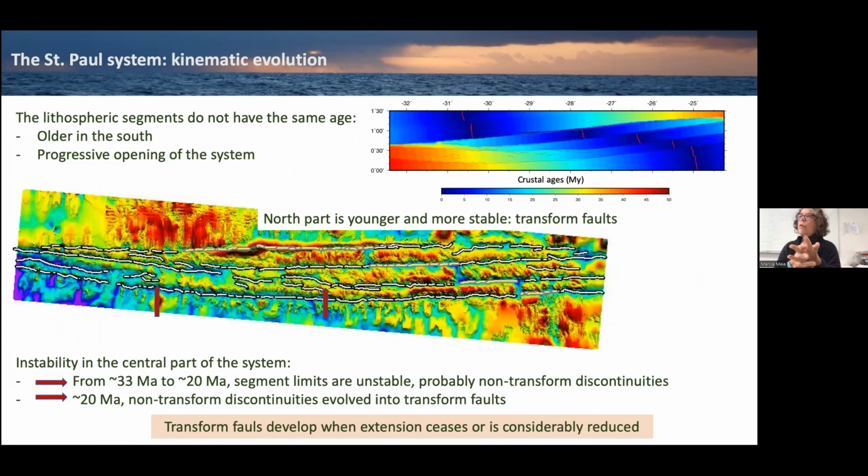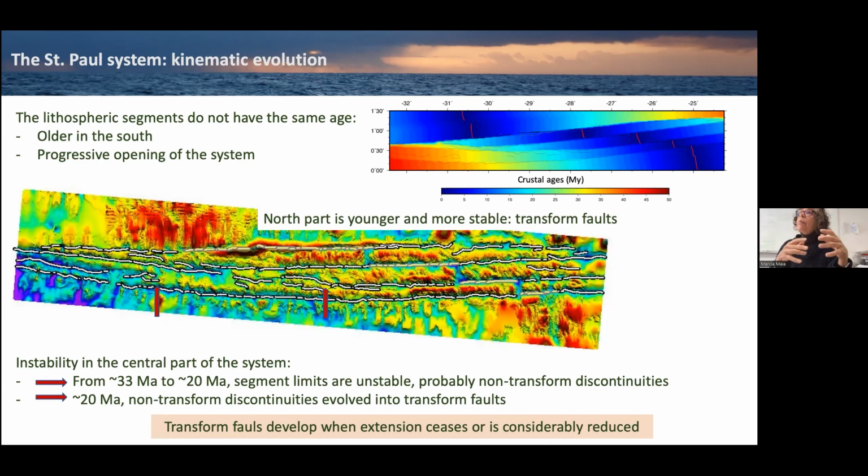So one of the conclusions is that the lithospheric ages of the segments are not the same. The oldest segments lie in the south, and the youngest one is in the north. So this means that we had a progressive opening of the system. The northern part is quite younger and more stable, and very quickly the discontinuities evolved into transform faults.